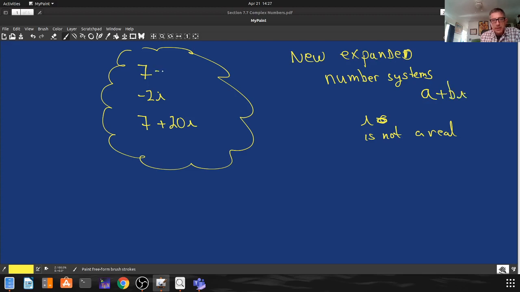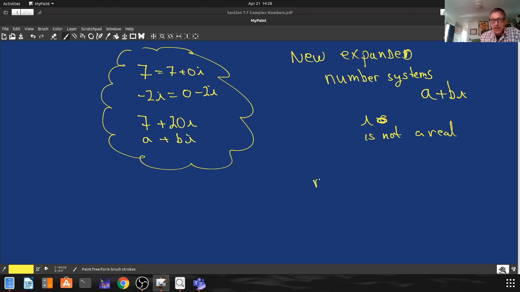So 7 is equal to 7 plus 0i. So it's a complex number. Minus 2i is equal to 0 minus 2 times i. So it's a complex number. And this is already written in the form of a plus bi.